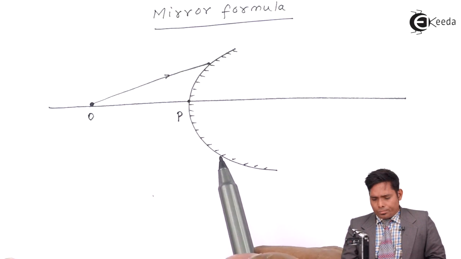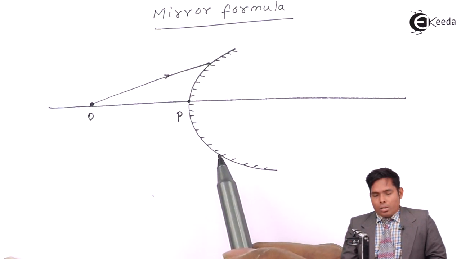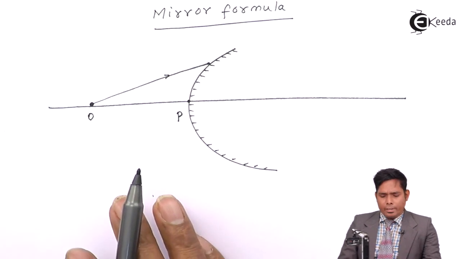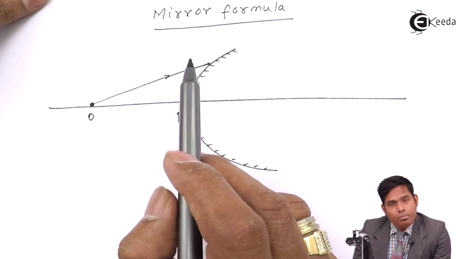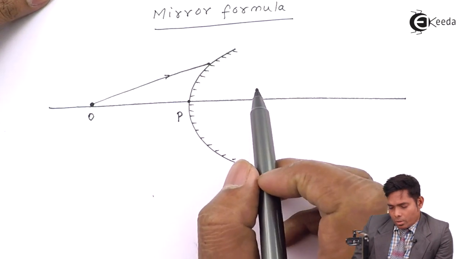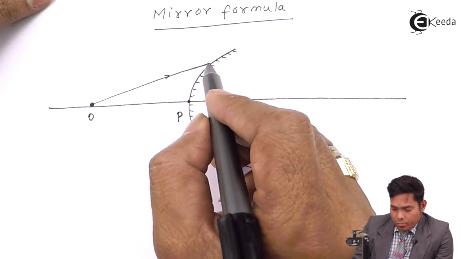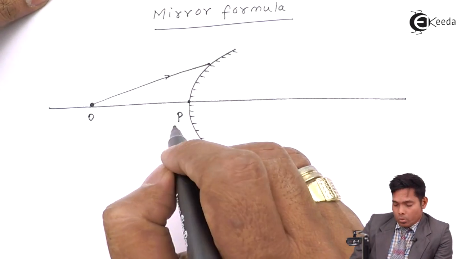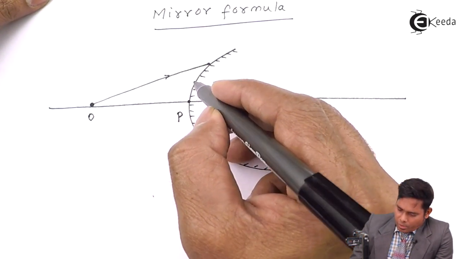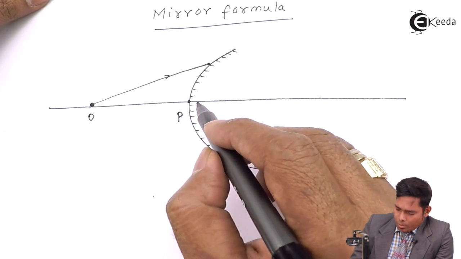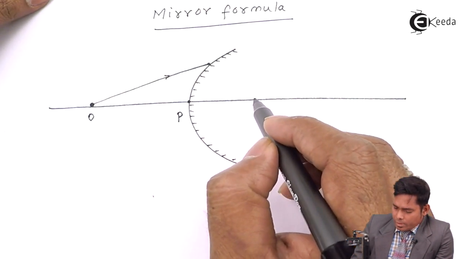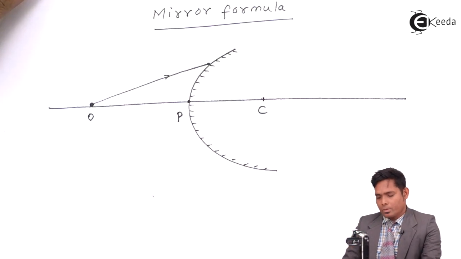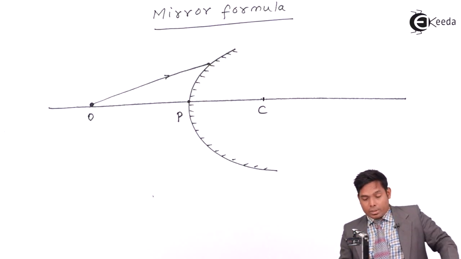Now this ray will be reflected, but to find the direction of the reflected ray we must know the normal. So at this point, first of all you have to draw the normal, then only you can say which direction it will go. Because this is a convex mirror, suppose that this is the focal length and this is the center of curvature.